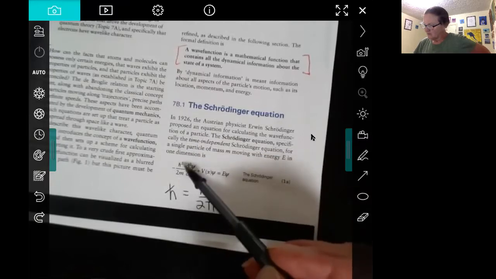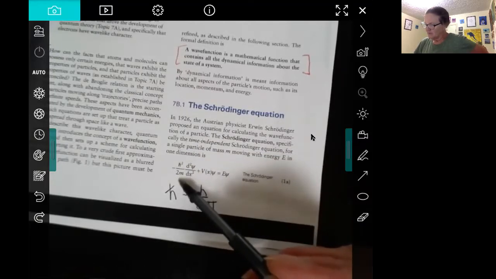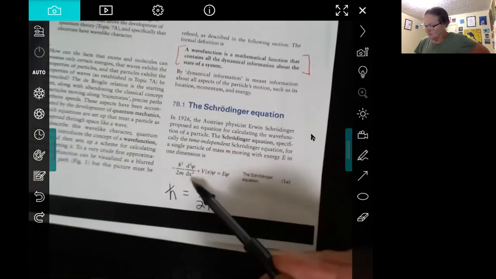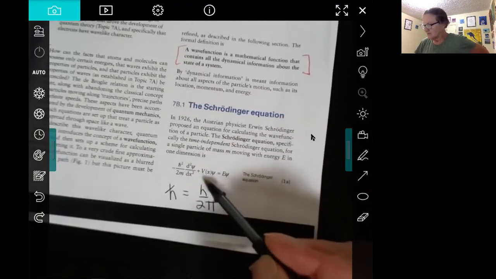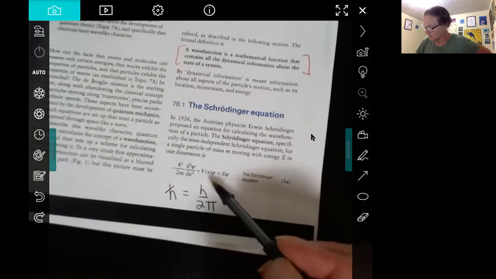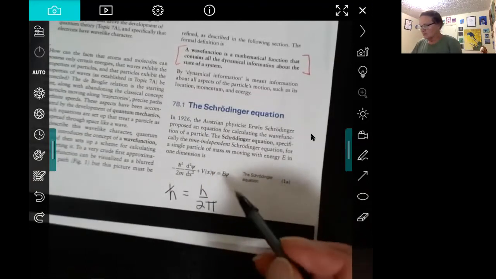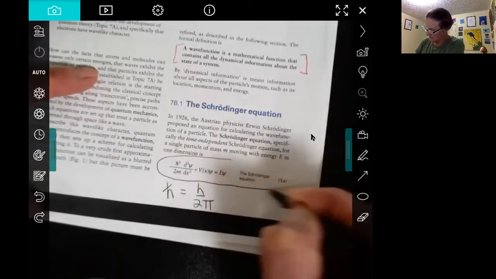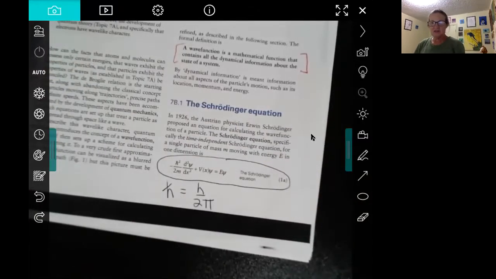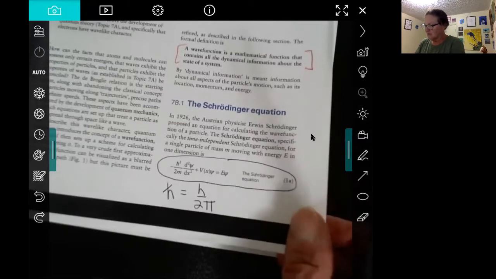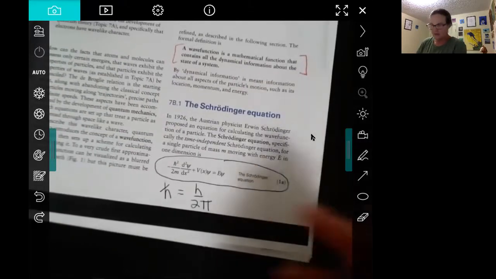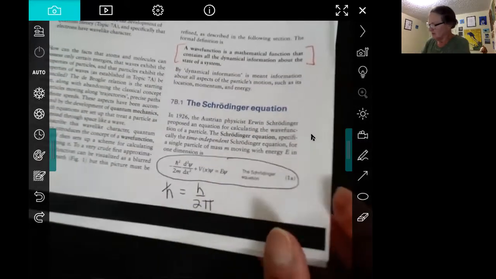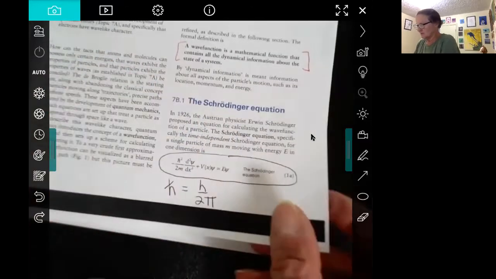So negative h bar squared over 2 times the mass times the second derivative of the function with respect to x plus the potential energy function times the function should be equal to some constant times the function. So this is the equation you solve if you say you're solving the quantum mechanical system. So we need to know about each of these terms, and we'll use this equation a lot, so you'll get familiar with it.